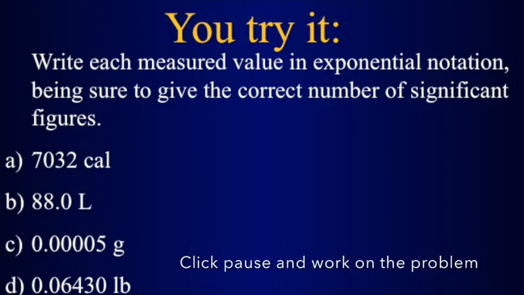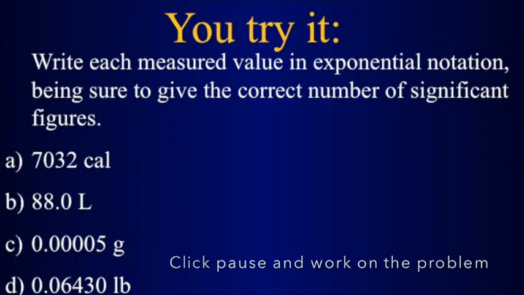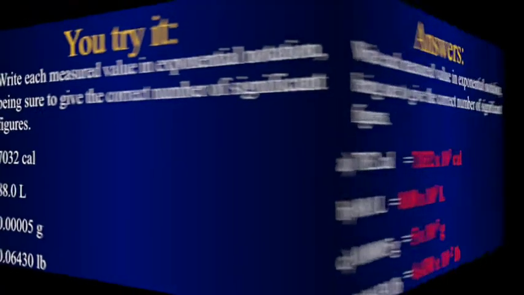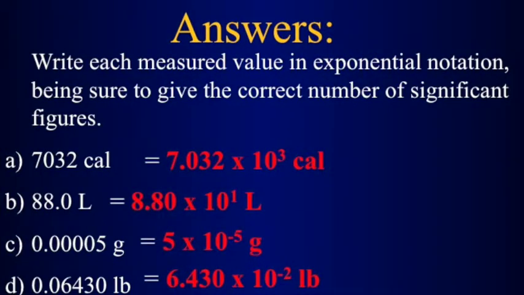Click pause and work on the problem. Check your answers. Note that you should have the same number of significant figures in scientific notation as you did in standard notation. For example, in part C, you started with 1 significant figure in standard notation, therefore you still have just 1 significant figure in scientific notation.